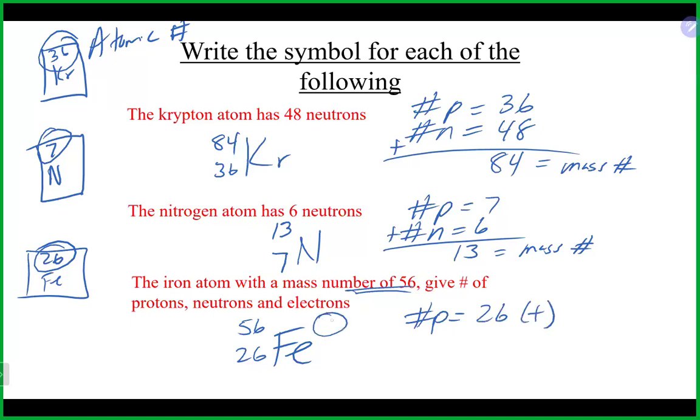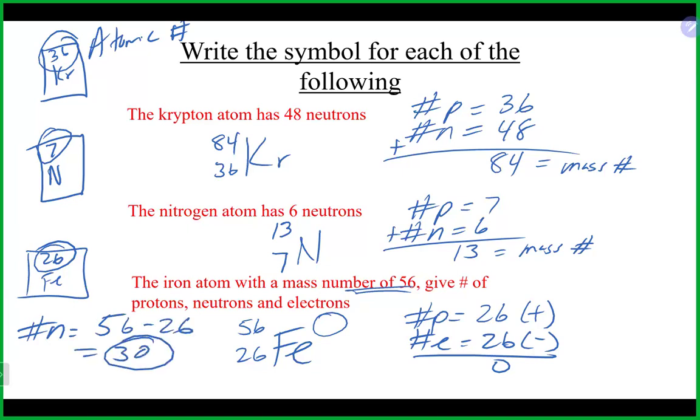Once again, it's neutral here, so our number of electrons should match, and that gives us 0 for the overall charge. And lastly, our number of neutrons would be our mass number minus our atomic number, and that's looking like a 30 right about there. Any questions on that there?